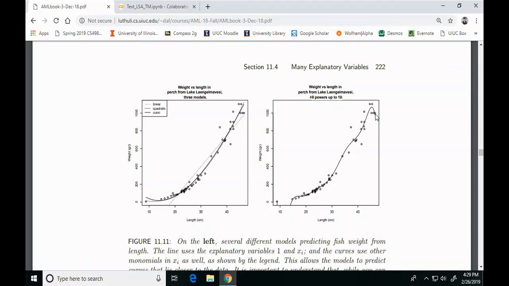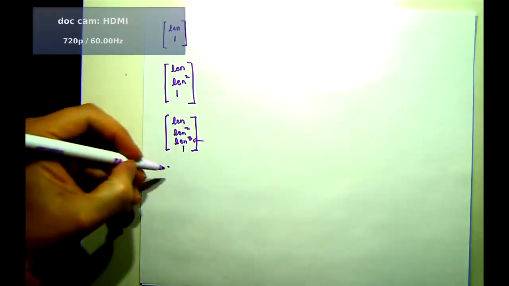You really want to limit the powers that you use. From a practical matter, there's also a problem with just scaling. If we have two features, we'll often do something like this.